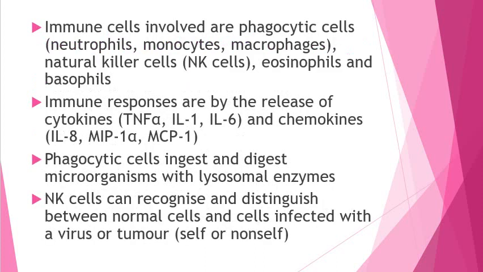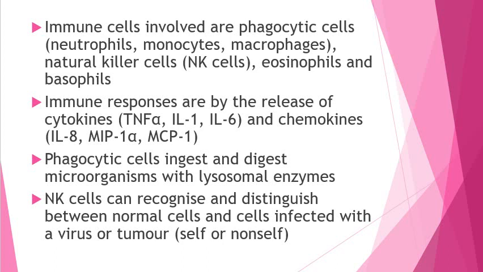The immune cells involved are phagocytic cells, that is neutrophils, monocytes, and macrophages, natural killer cells or NK cells, and eosinophils and basophils. What is left of the white blood cells over here is lymphocytes, which are involved in the adaptive immune system.